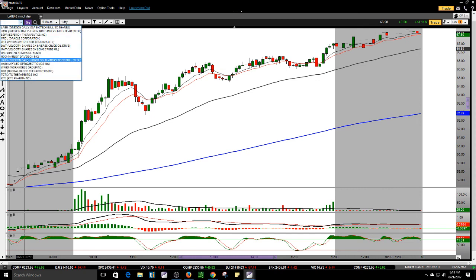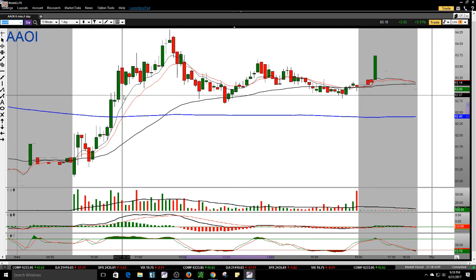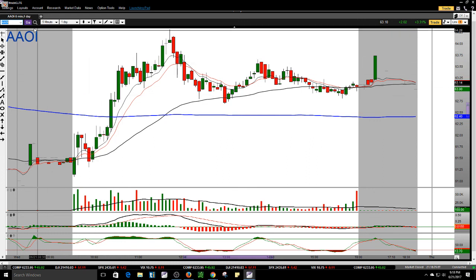Something that maybe is too up and you want to take a short position, something that's maybe too down and you want to take a long position. So as far as understanding time frames, there are also time reversal trading areas in the day that you should note as a trader.